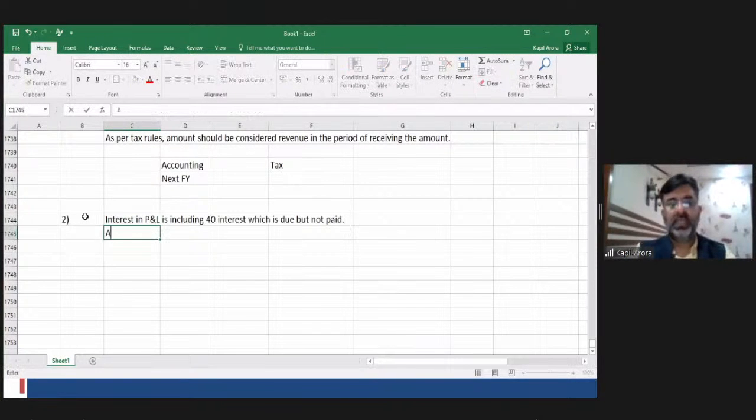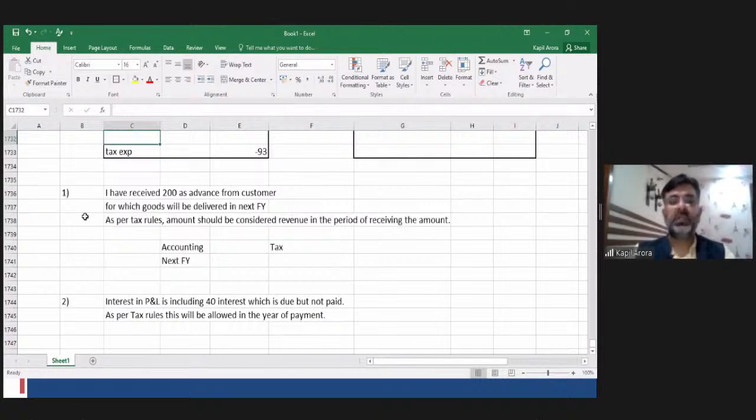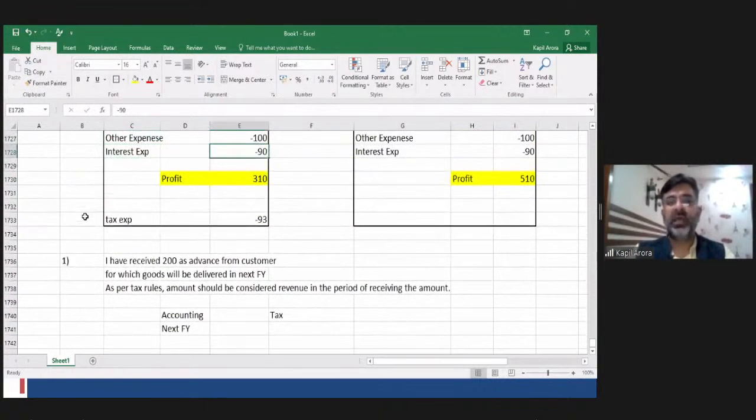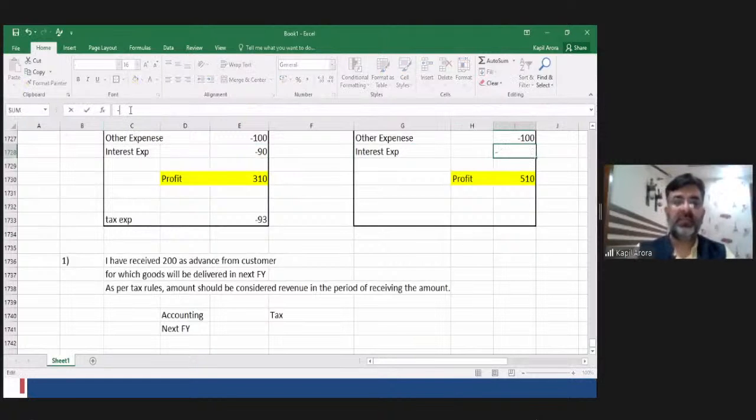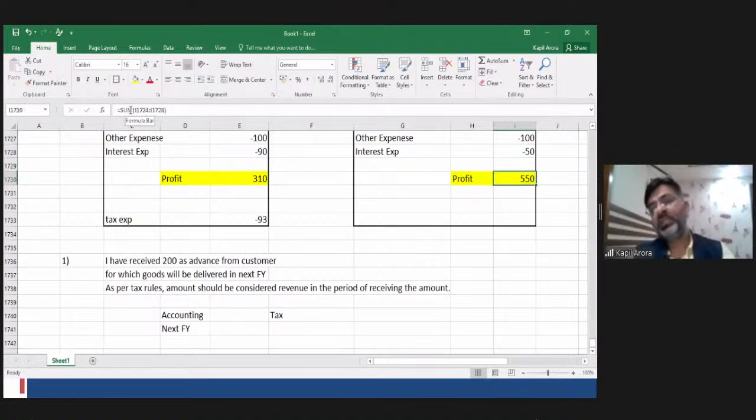But as per tax rules, this will be allowed in the year of payment. So in this year, accounting would have the expense of 90, but here this will have an expense of 50 only. It will not have the expense of 90.